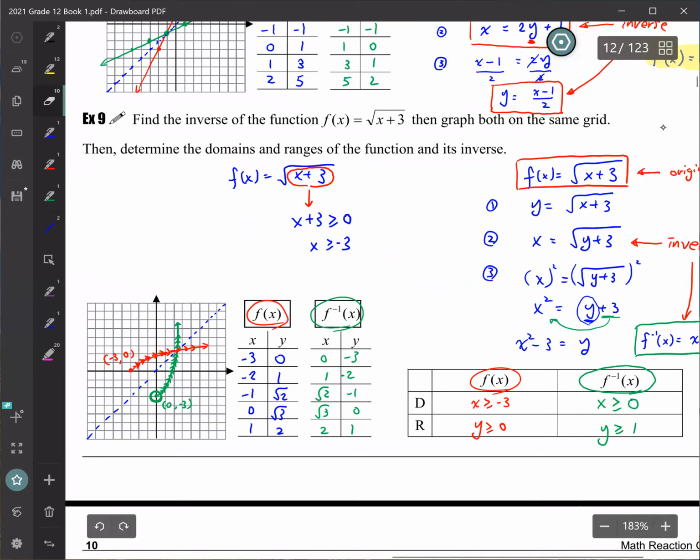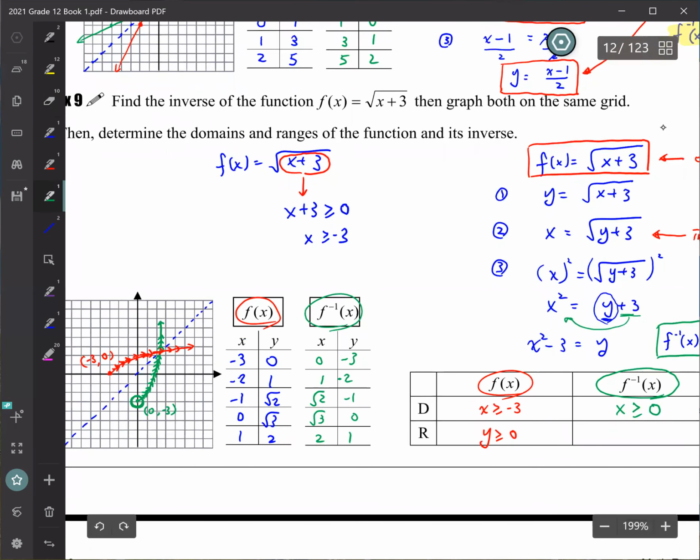Can you try to think about the range again? Range, it starts from... range is the y values, right? Yeah. So it starts from what value? What's the y value for? -3.